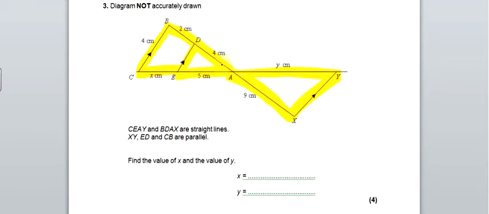Why is that? Well, these two angles are equal because they're opposite. So this triangle here and this triangle share an angle. This angle here is the same as this angle here. They are corresponding. And it's also the same as this angle here. So those three angles are the same.